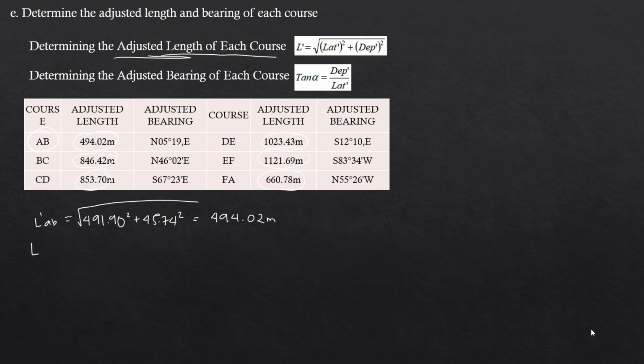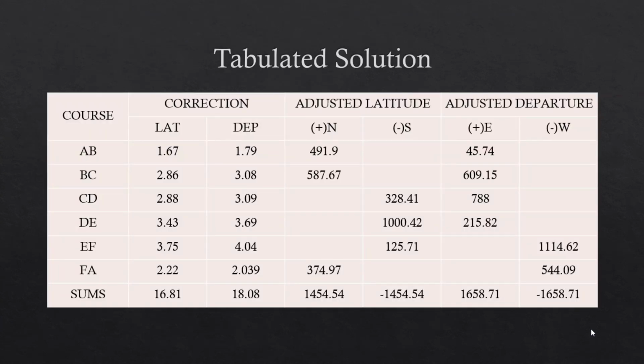Then, meron tayong L prime ng BC. So, ilan yung BC natin? So, meron tayong ito, 587.67 saka 609.15.